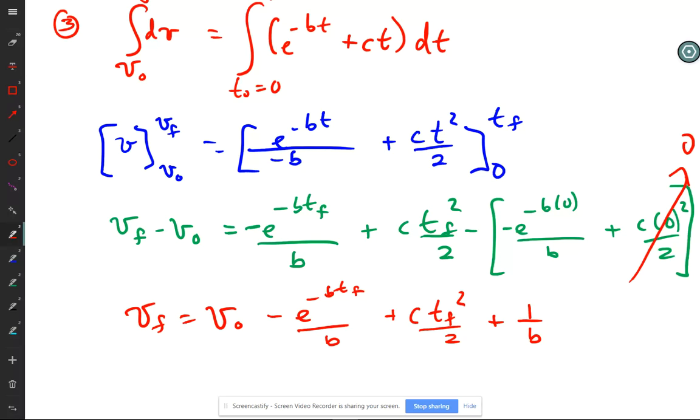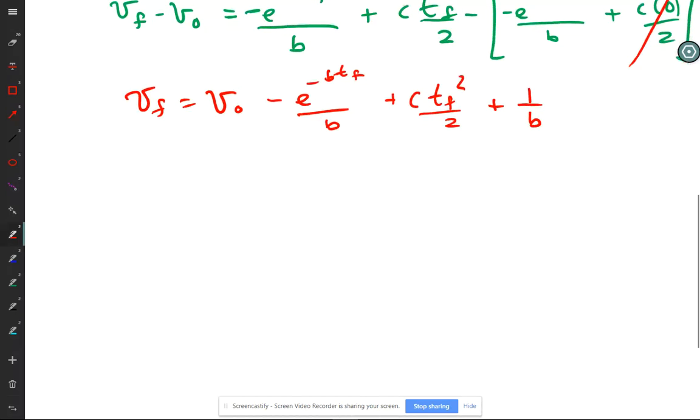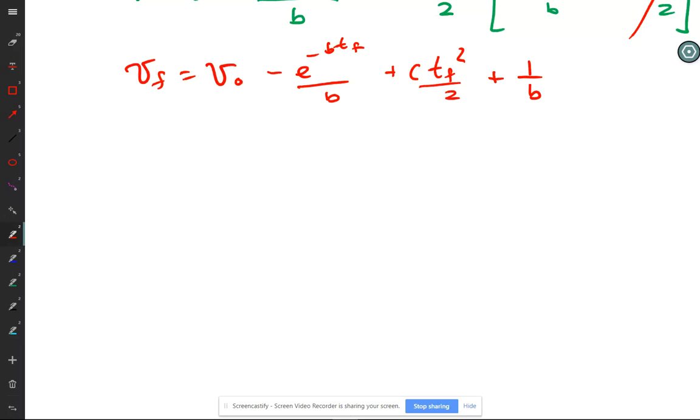So if I was asked to find the speed as a function of time, I would be done. But I want to find position as a function of time, so I have more to do. So I have to take this and continue. First step in continuing is to relax.